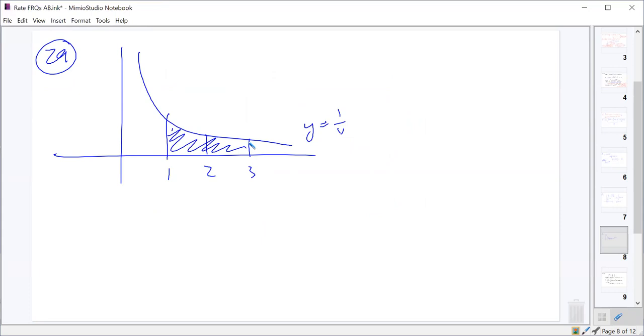And so, let's see here. It says we know that the area of the shaded region is the natural log of 3. So if we approximate the natural log of 3 using a left Riemann approximation and a right Riemann approximation, I assume that's what they're meaning there.